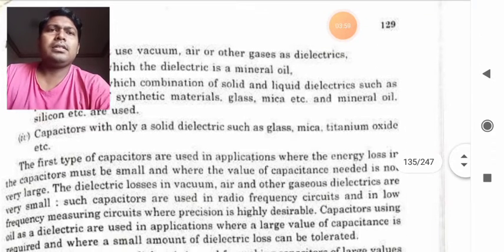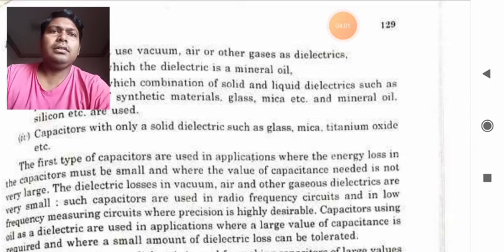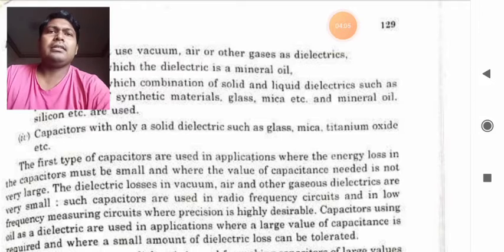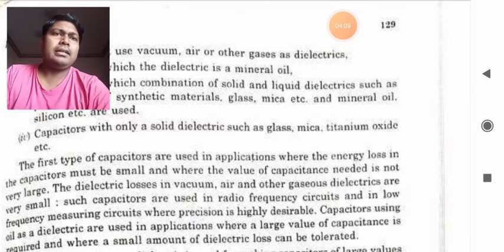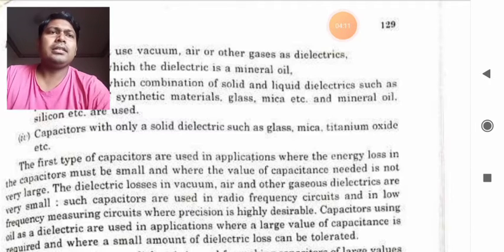Now, the first type of capacitors are used in applications where the energy loss in the capacitor must be small, and where the value of capacitance needed is not very large. The dielectric loss in vacuum, air, and other gaseous dielectrics is very small.